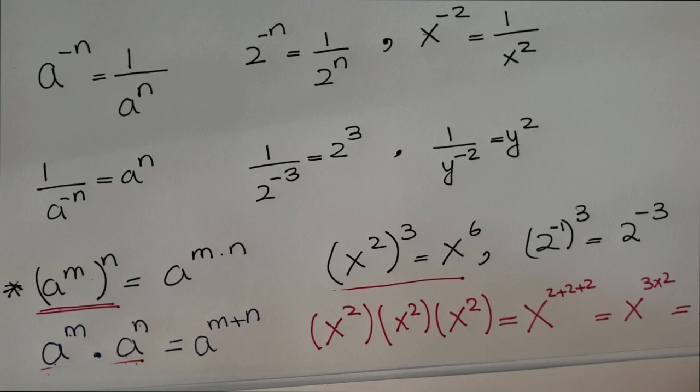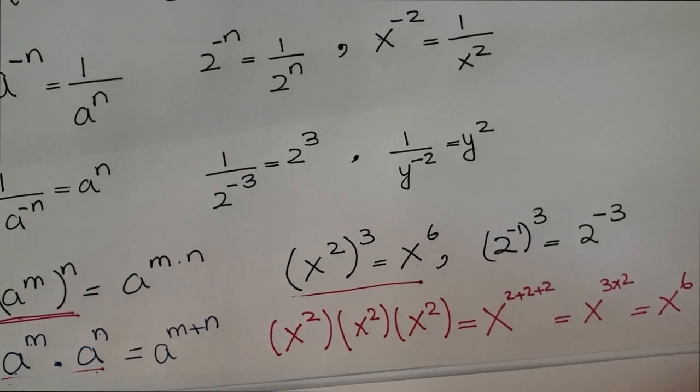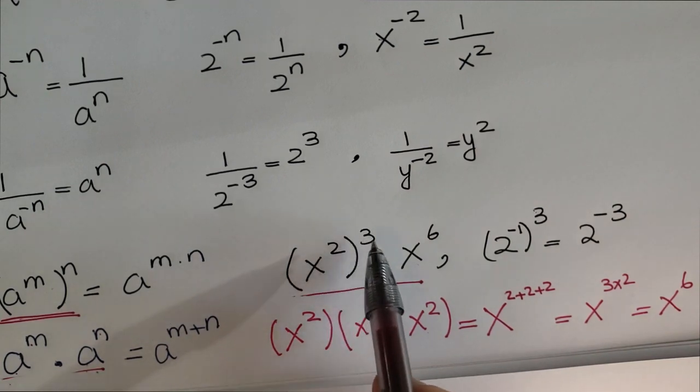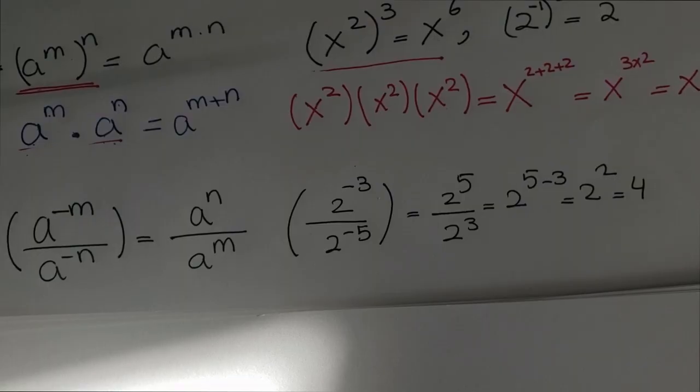And that's why we multiply. See? Here, we multiply the exponents. I hope this clarifies a little bit and helps you to avoid making such mistakes, because I've noticed that so many students confuse these two rules together.